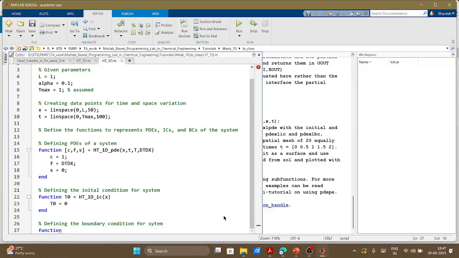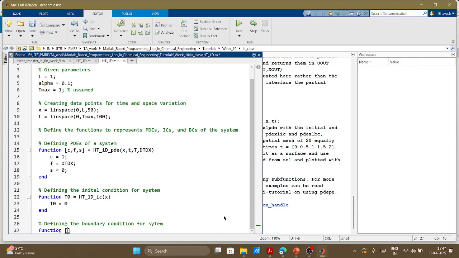So my pL, qL, pR, qR is nothing but heat transfer one directional boundary condition, function of xL, TL, xR, TR and then time.